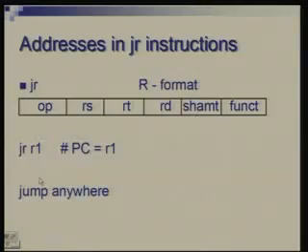Lastly, we look at JR, which is very simple. You are specifying a register which is a 32 bit register. All that you are doing is transferring the contents of that register into PC. So, here you are specifying a full fledged 32 bit address and this can be used to jump anywhere.